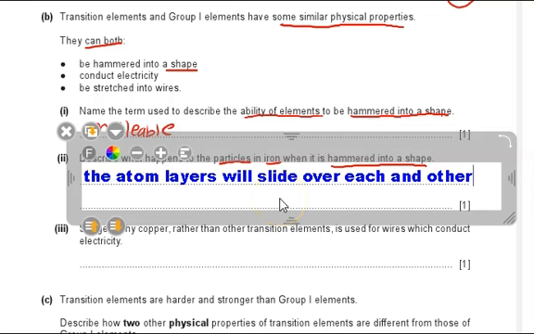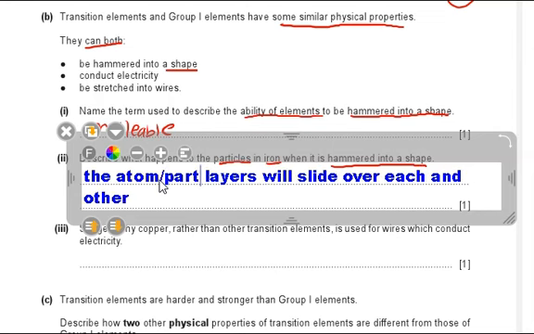You can mention atom or particle layers.